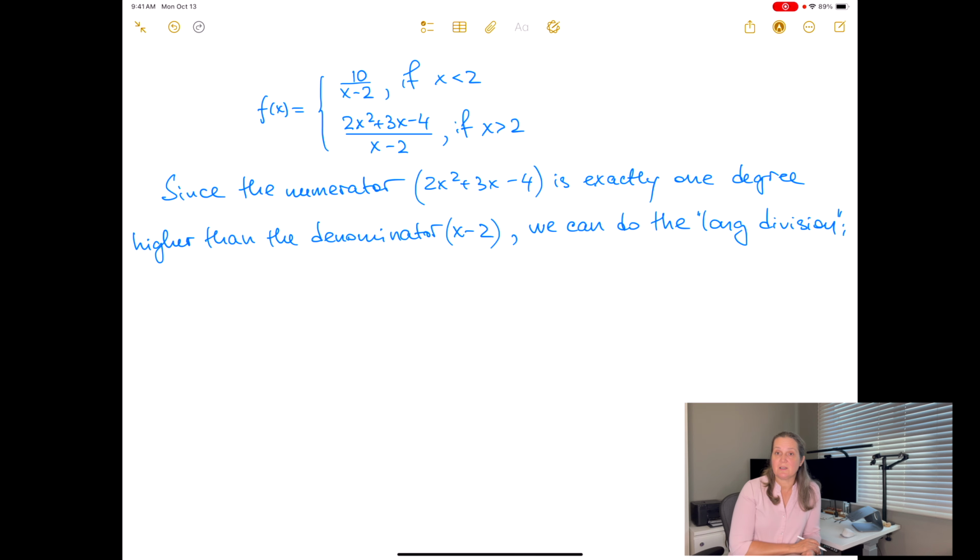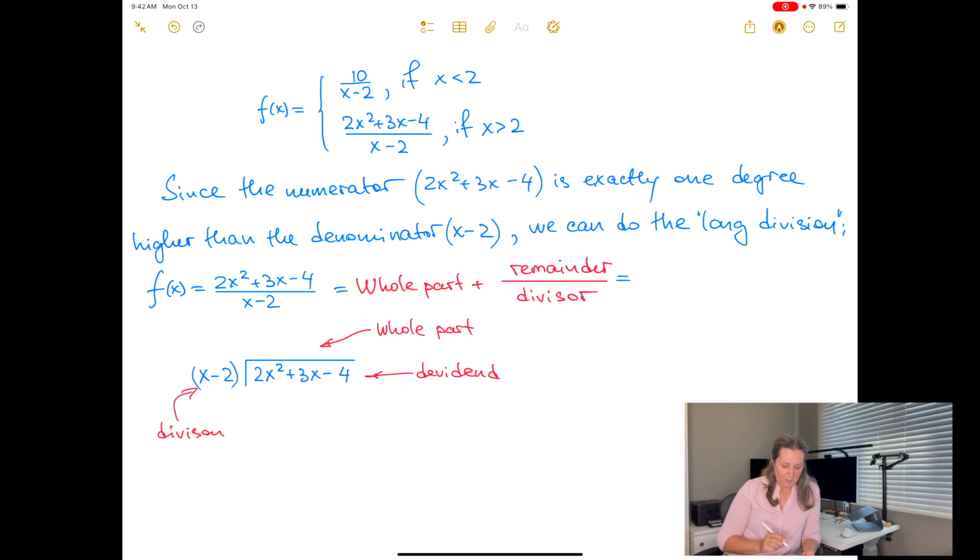Since the numerator has degree exactly 1 higher than the denominator, we can use long division to rewrite 2x squared plus 3x minus 4 divided by x minus 2 as a whole part plus the remainder divided by the divisor x minus 2.